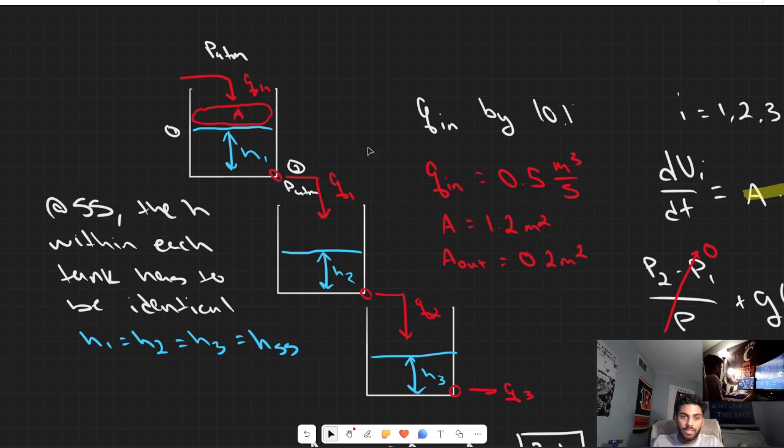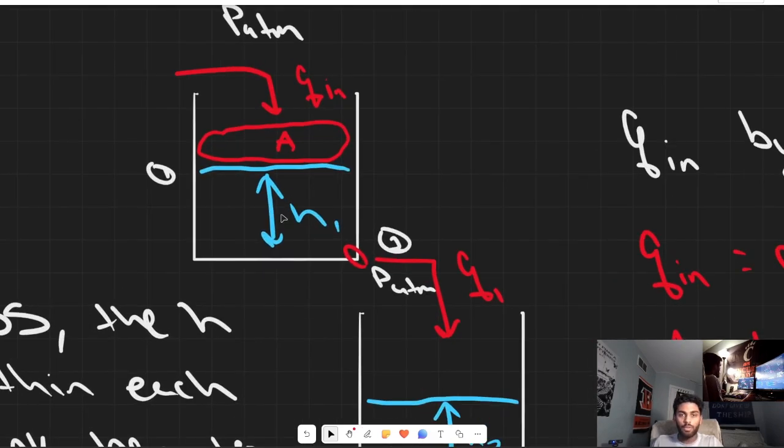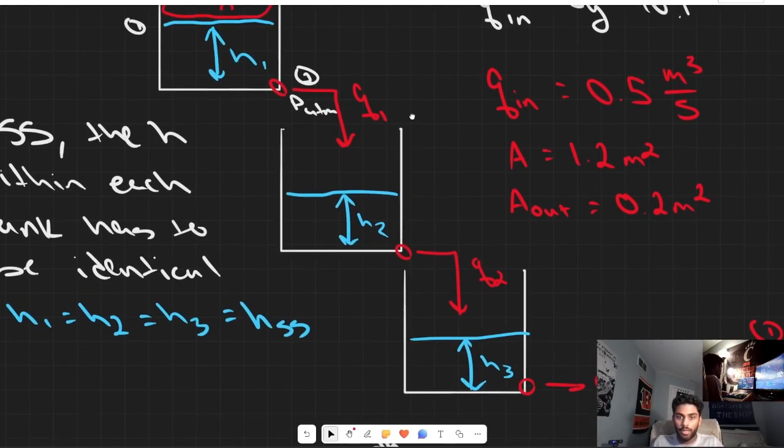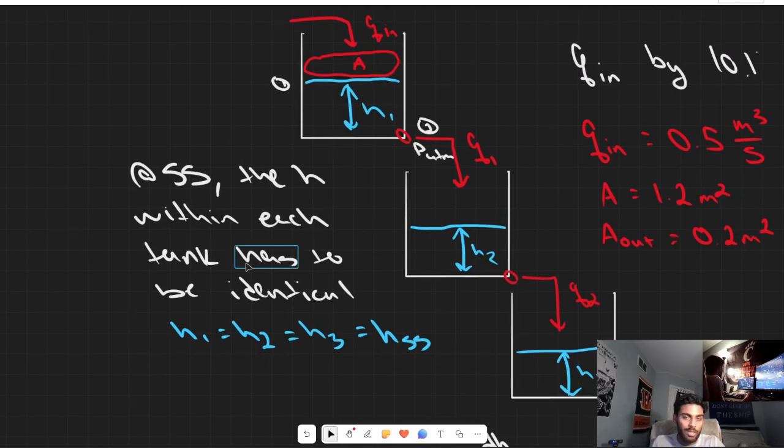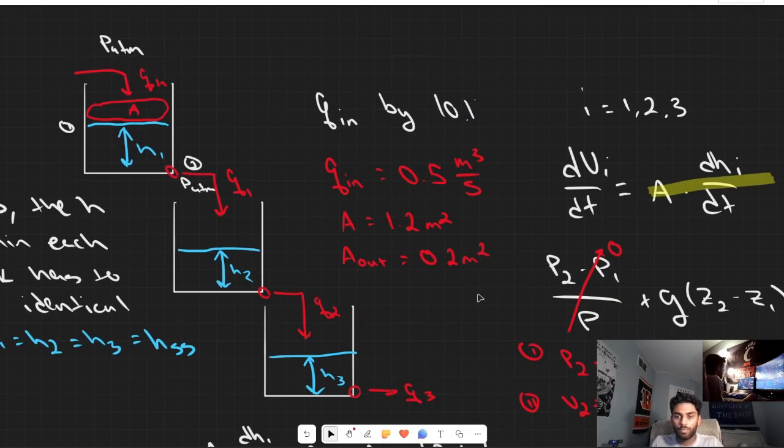And if we're at a steady state, that means the height of the liquid level in each tank is not changing, which means that Q in is equal to Q out. So Q in is equal to Q1. And the same thing goes for tank 2. The flow in has to be equal to the flow out. We're working at steady state. And we talked about this already, right?